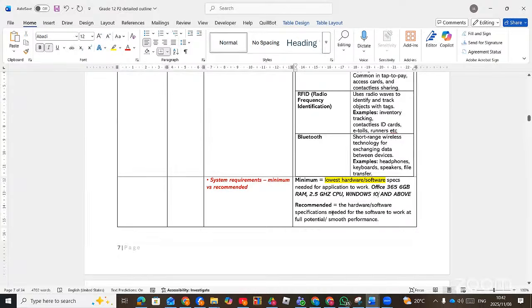But when it comes to the recommended one, for it to work at its full potential, for you to enjoy using 365 so that it doesn't freeze and works at the best performance, we call it the recommended. So these are the hardware or software specifications needed for the software to work at its full potential or smooth performance.